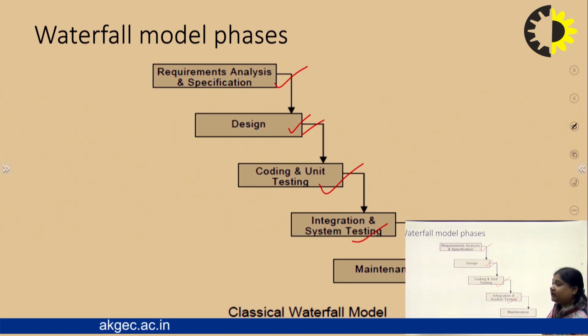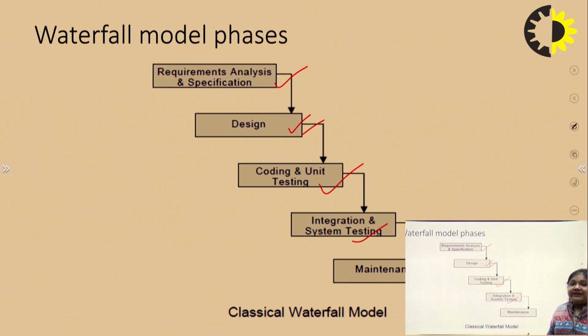Next is integration and system testing, where all the components are merged and we test that the software is working properly. Next is maintenance: once the developed software is working fine, it is in the maintenance phase.